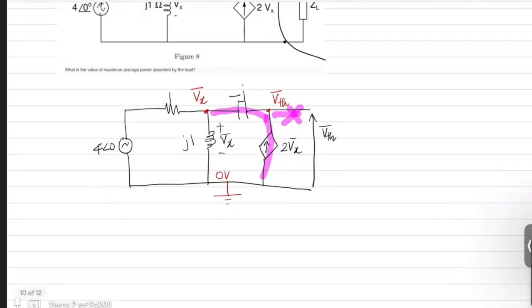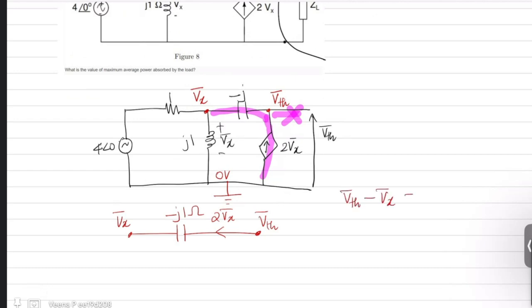So the first equation you can write: through minus j1 ohms, 2Vx current is flowing. It is flowing from the higher potential, which is V Thevenin, to the lower potential, which is Vx. So I can express V Thevenin minus Vx as minus j1 times 2Vx. So this is your first equation.